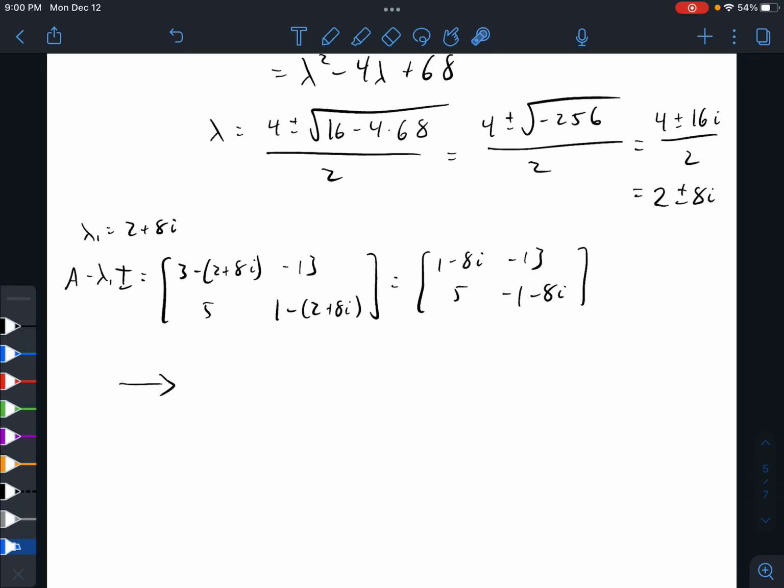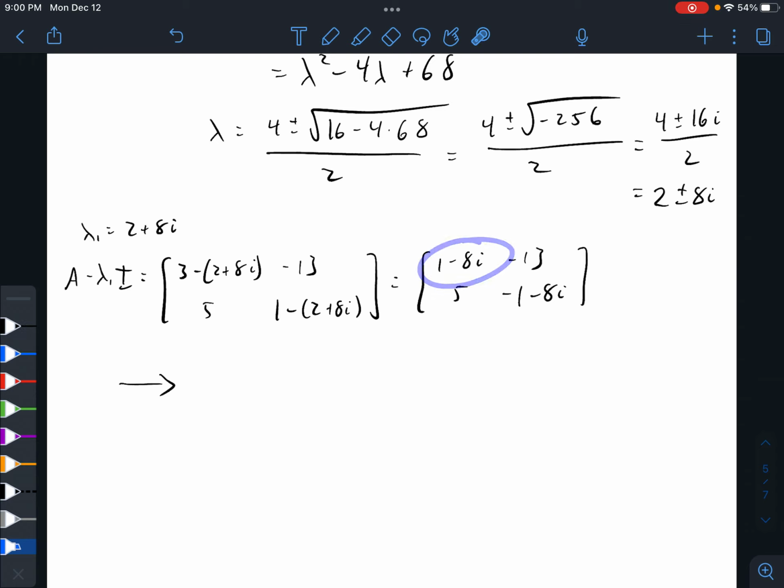All right. So you want to scale this row so that this is going to match up with 5. What do you multiply 1 - 8i by to give you 5? I have no idea.